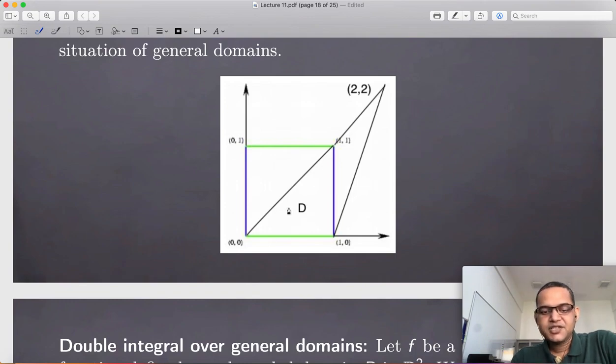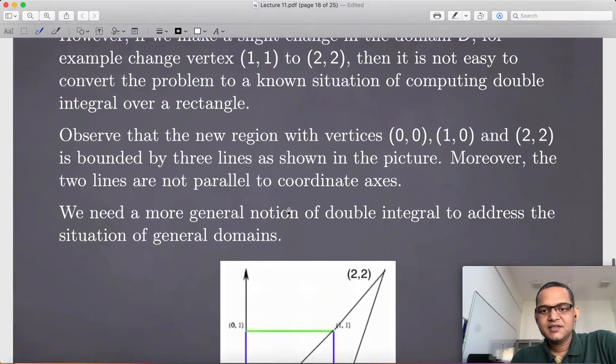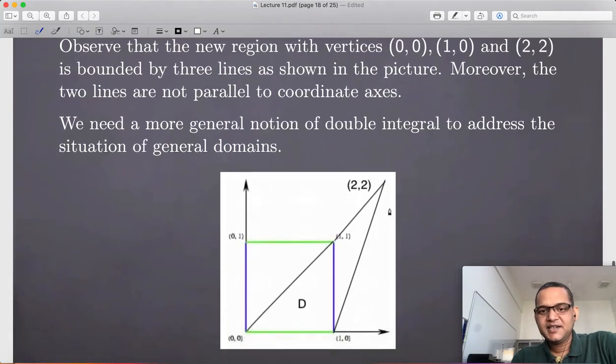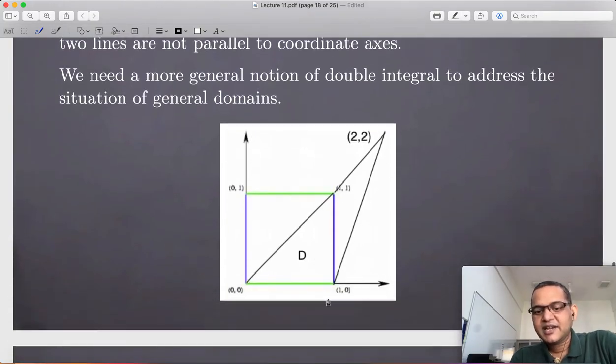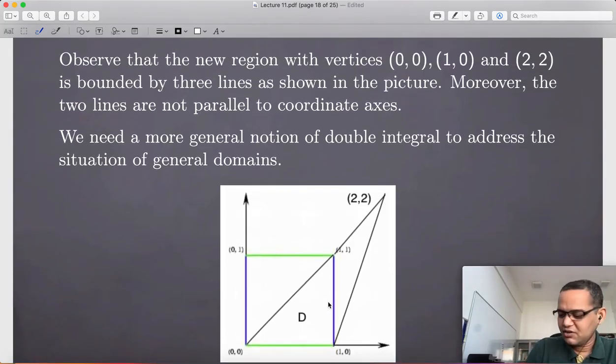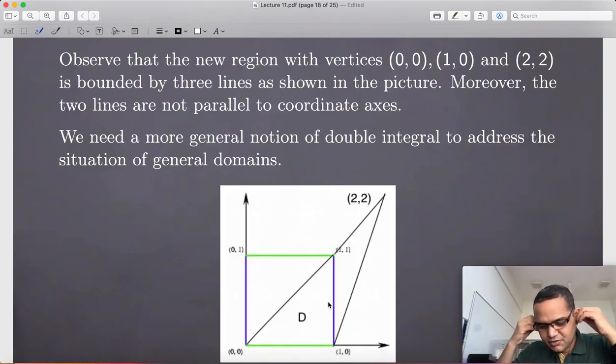The problem is coming from the fact that we have not given a definition for a double integral over a triangle, for example. What we have is the definition of the double integral over a rectangle. So this is a very natural situation: why should the domain all the time look like a perfect rectangle?